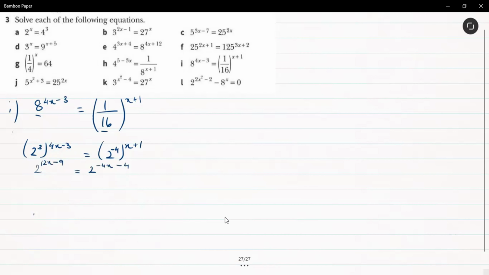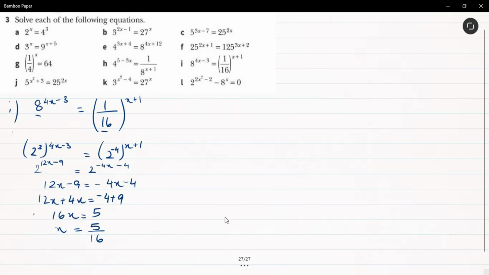Now just simplify this. 12x minus 9 is equal to negative 4x minus 4. 12x plus 4x is equal to negative 4 plus 9. So 16x is equal to 9 minus 4, which is 5, and x is equal to 5 over 16.